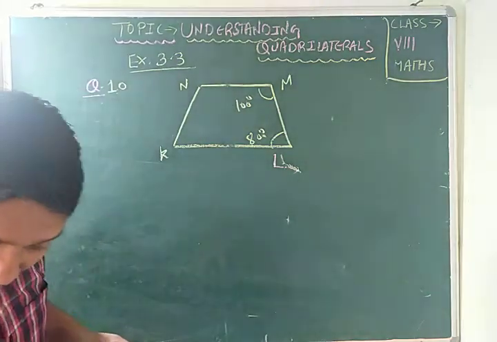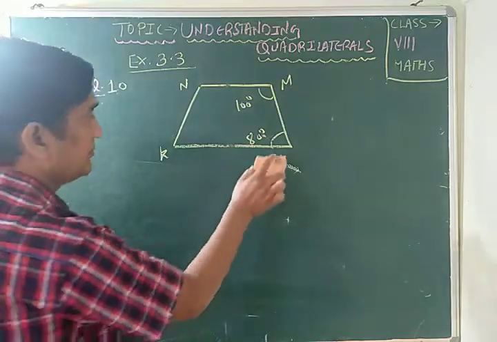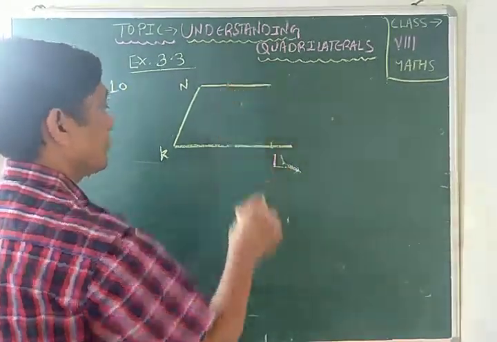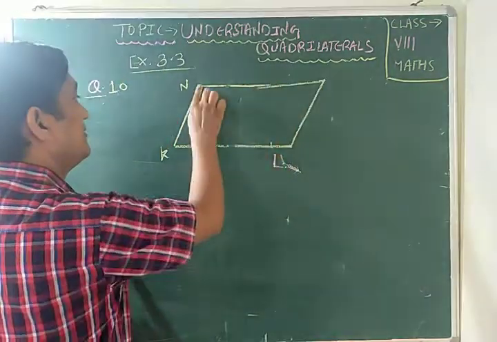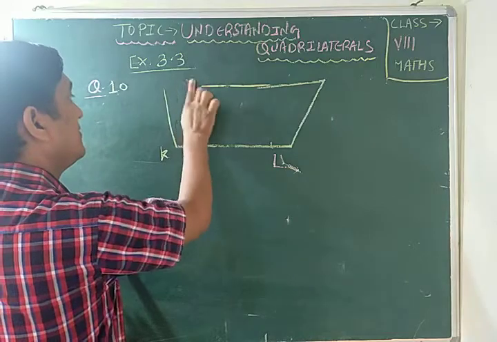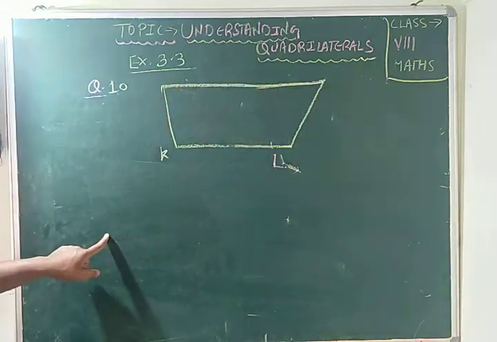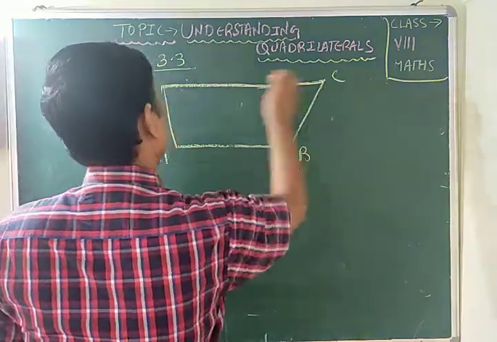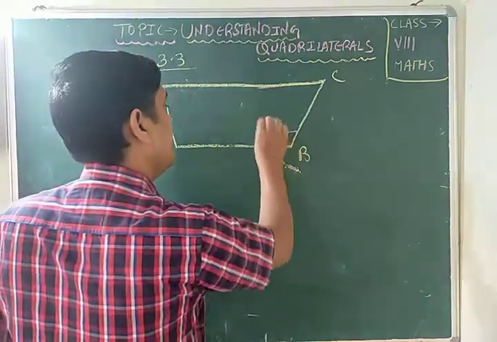Now children, what do we have? The figure is like this, and the name of the figure is A, B, C and D. Here we have 120 degrees.